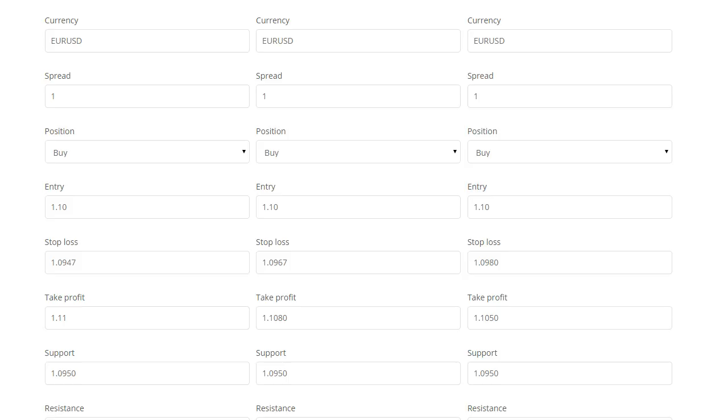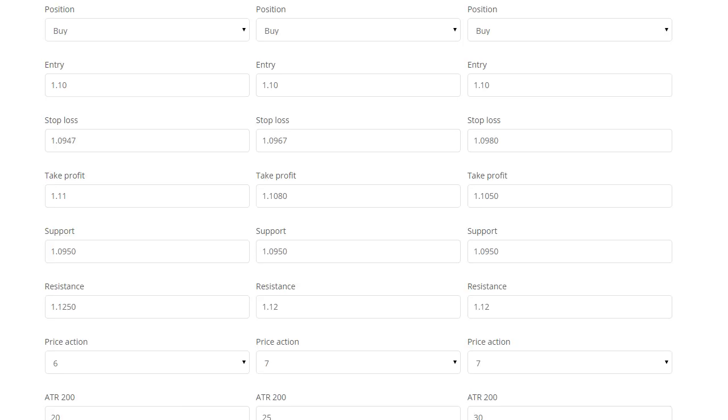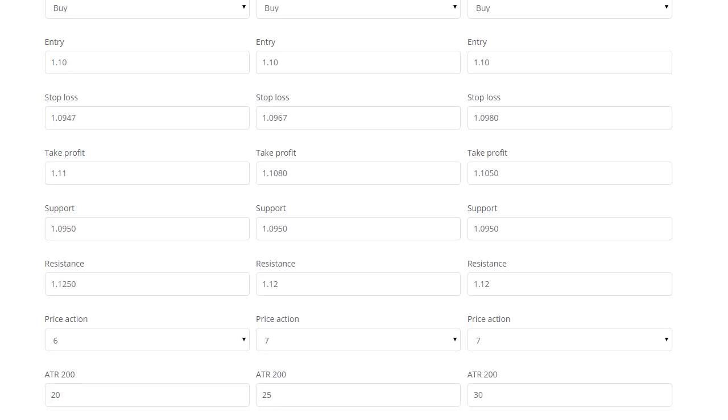When filling in this data, you can see various parameters that are connected to the trade management, like entry, stop loss, take profit, the position, the spread, and the currency. But also a bit deeper information, for instance, the support, the resistance, the price action, and the ATR.